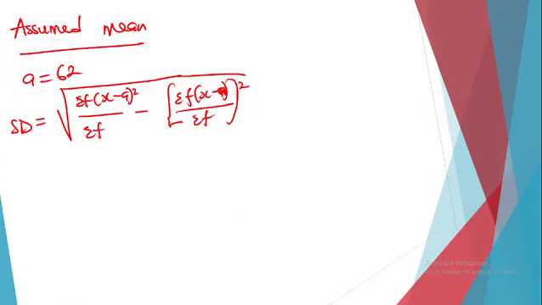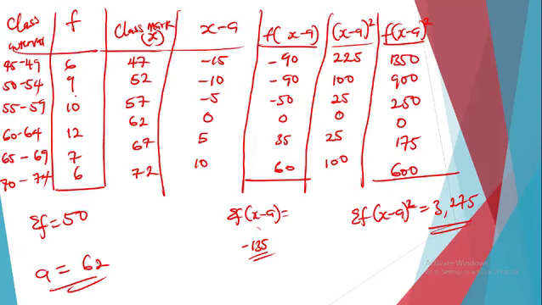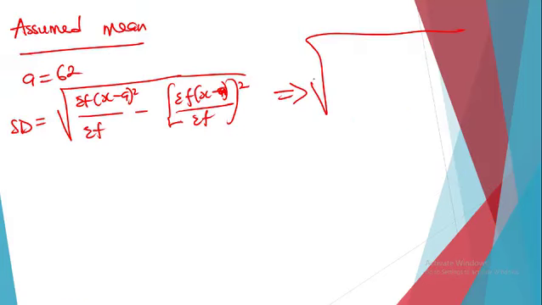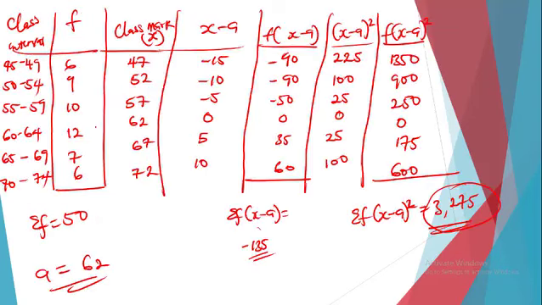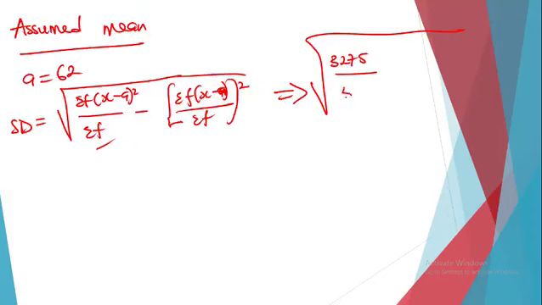So our SD will then be the square root of sigma f x minus a squared all over sigma f, which is 3,275 all over sigma f. What's our sigma f? We have here to be 50.